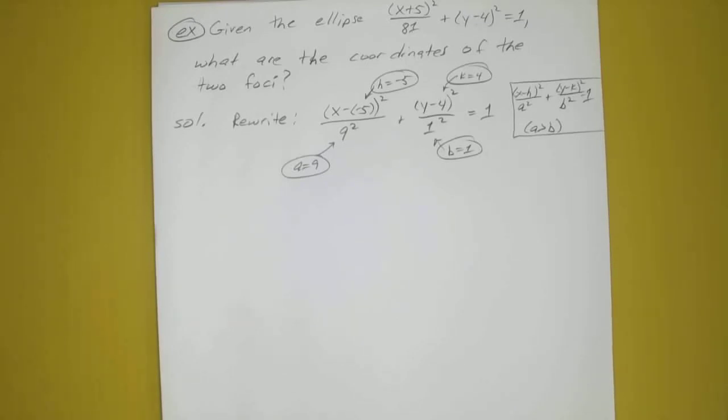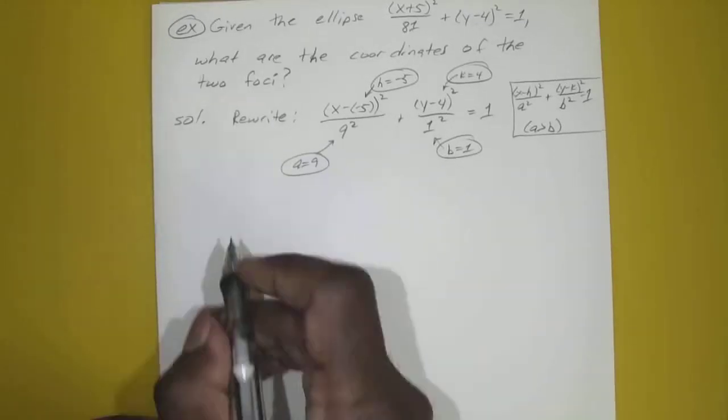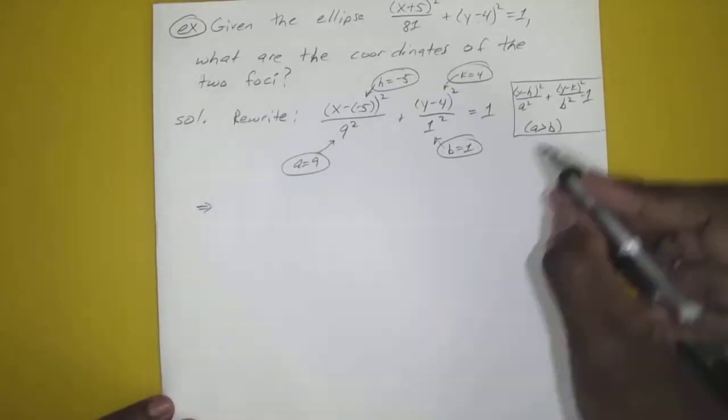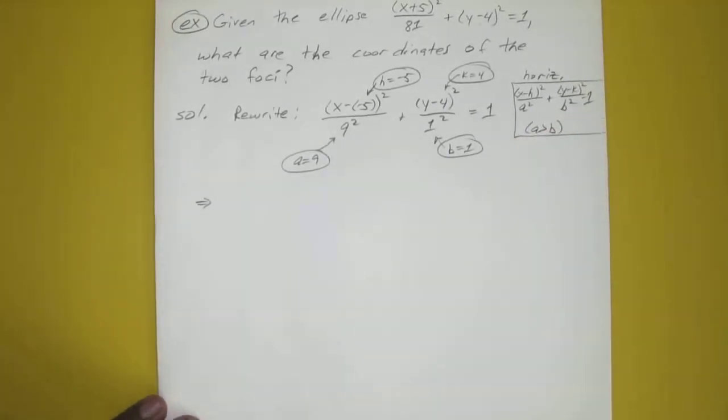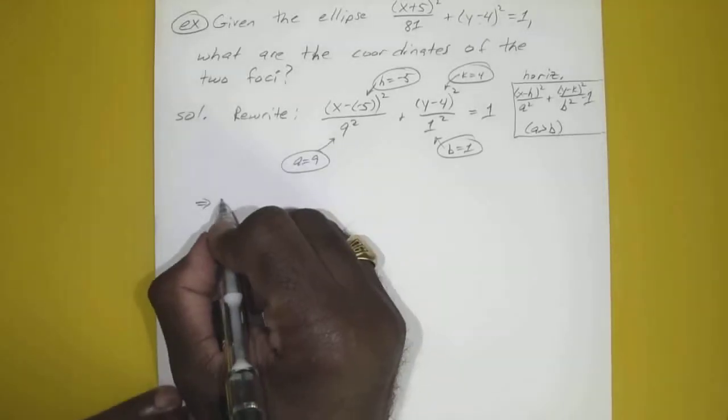Okay, so we know it's stretched out horizontally. So this is for horizontal. Okay. Now, just the fact that we know it's horizontal lets us know which formula we're going to use for the focus points. Okay.